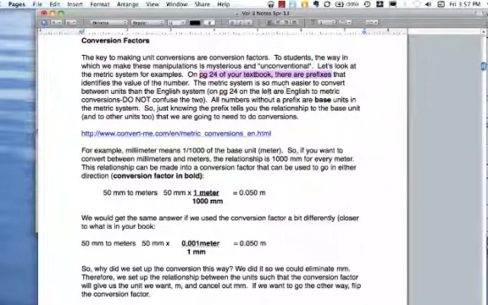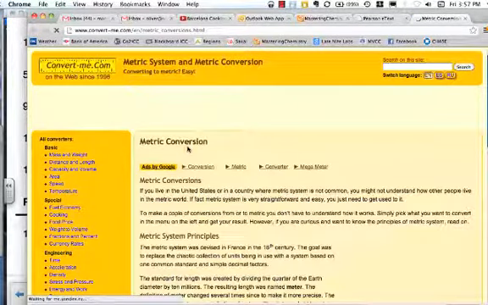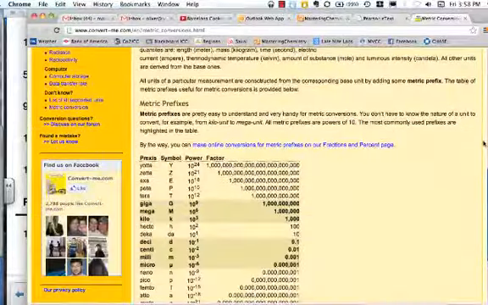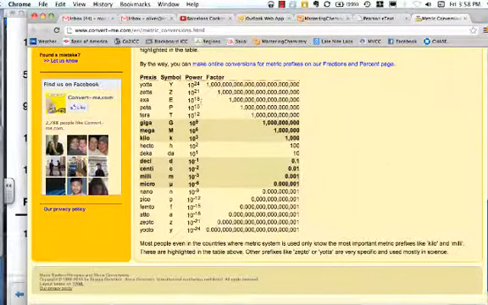If I am going metric to metric like I am here, I'm going to use that table of prefixes. What I have here bookmarked is a table of prefixes, so let's go there, and this is for the metric system. You are expected to know some of these, and the ones that you need to know are the ones that are bolded here in this table.